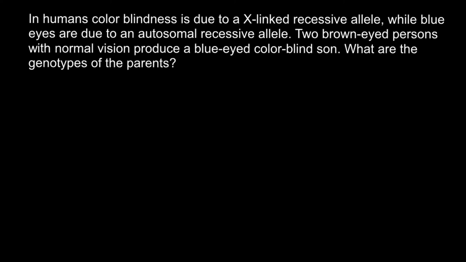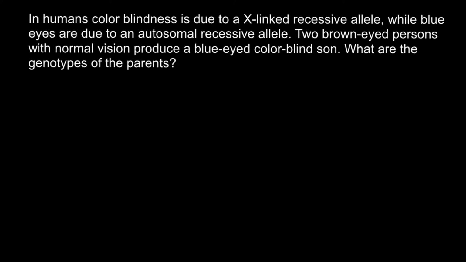So let's first talk about color blindness. What can be the genotypes of the female and male? I would use green color to designate the normal allele and red color to designate the defective allele on the X chromosome.